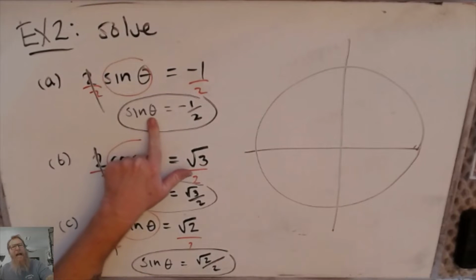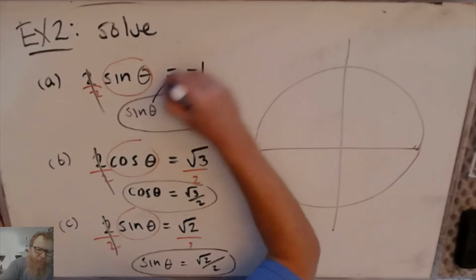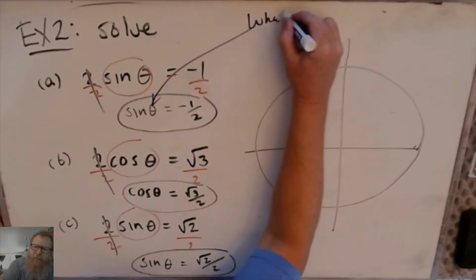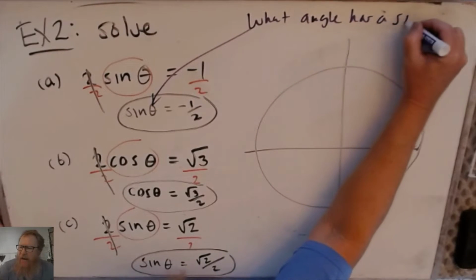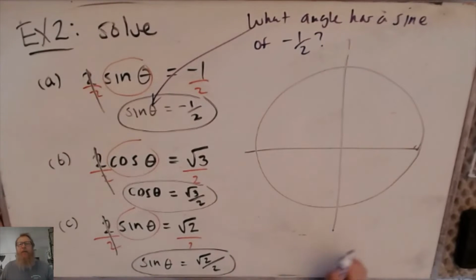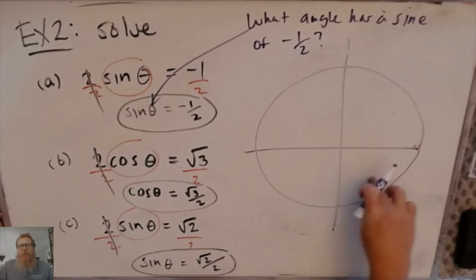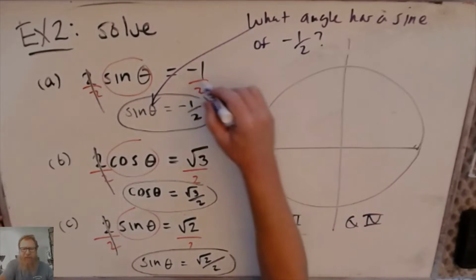So what angle, it's the way you read this. What angle has a sine of negative 1/2? That's how you read it. Well, you know you have to be in quadrants 3 or 4 because it's negative.